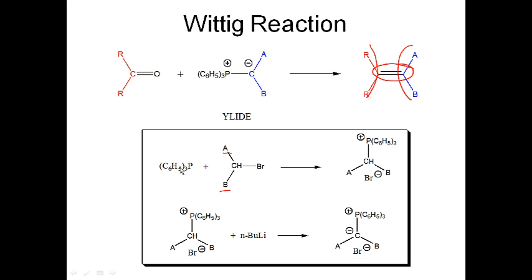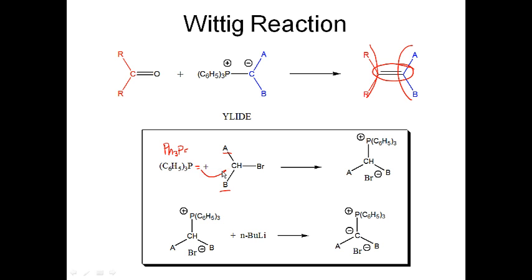And the first thing is to take triphenylphosphine that we talked about briefly in the Heck coupling. Phosphorus is right below nitrogen on the periodic table, so it's a fairly strong nucleophile.